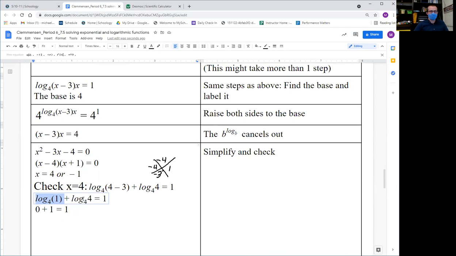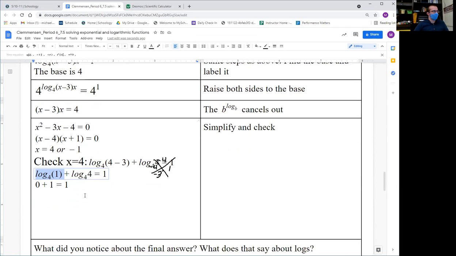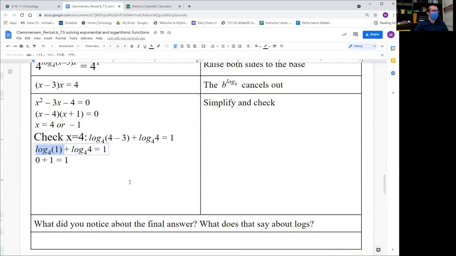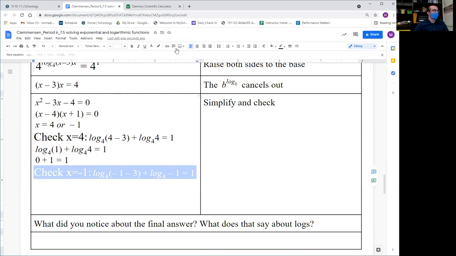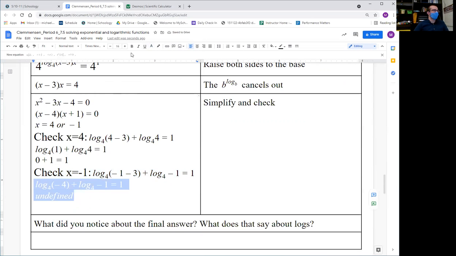Same thing over here. Then we have our other problem that we're going to check our answer with, the -1. Now we end up with this one not working out, this one being undefined, specifically because we actually can't have this be negative. The reason that can't be negative is because what we're saying is log base 4 of -4 is equal to some number, let's say a question mark for now.